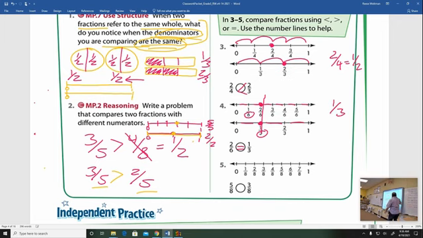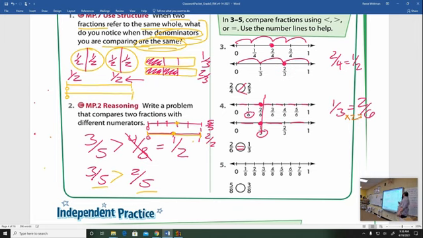Look at this. 1/3, you can find a common factor, can you not? How can you get from 3 to 6? 3 times what is 6? Ariana? 3 times 2 is 6. That's right. 3 times 2 equals 6.